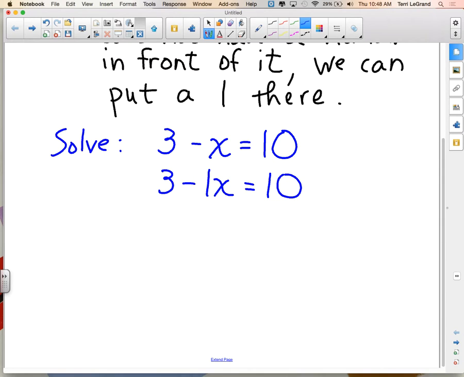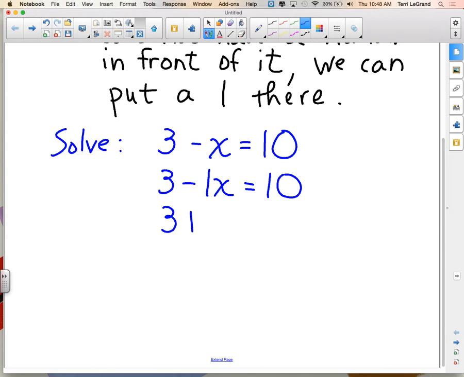Now, because the problems are just going to get more challenging, pretty soon I'm even going to have problems that have both x's and y's in them. To help us be more successful, we are going to keep changing subtraction to add the opposite. 3 stays 3.